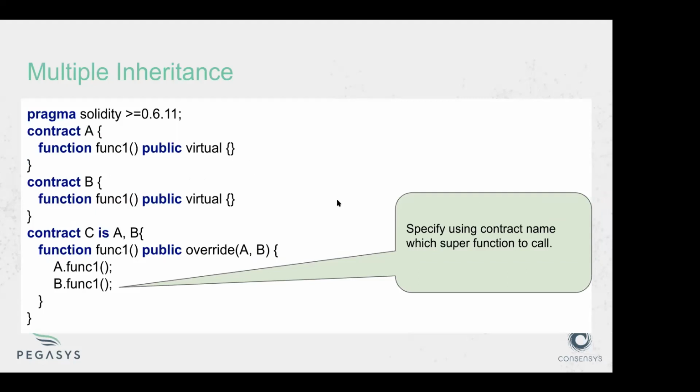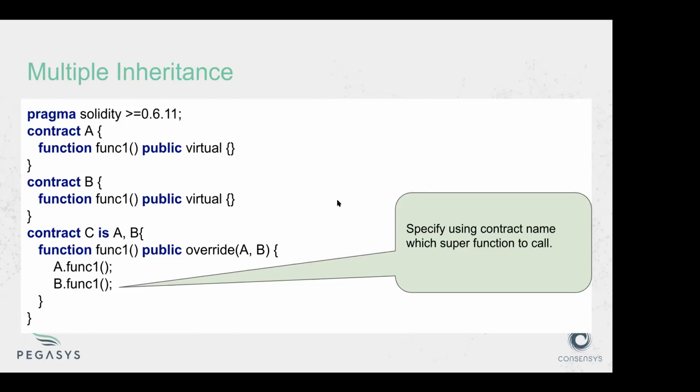So this slide shows a contract hierarchy where contract C is both A and B. And you'll note that both of those contracts define func1.